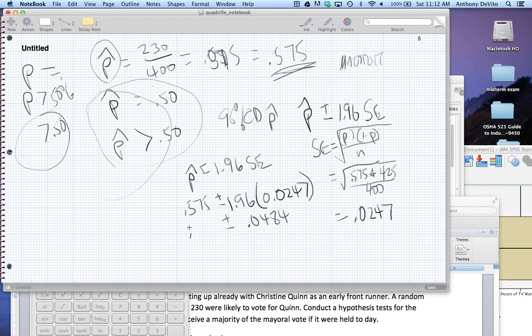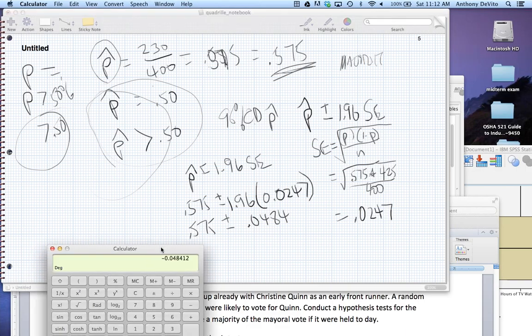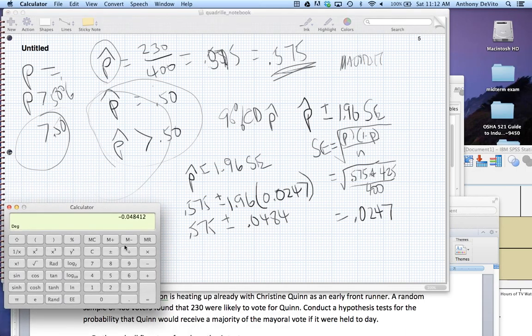So I got 0.575 plus or minus 0.0484. Okay, so if I add that to 0.575, I'm going to put this into memory, and I'm going to clear it. 0.575 minus memory recall is equal, it was a negative number. Somehow I got a negative number there.